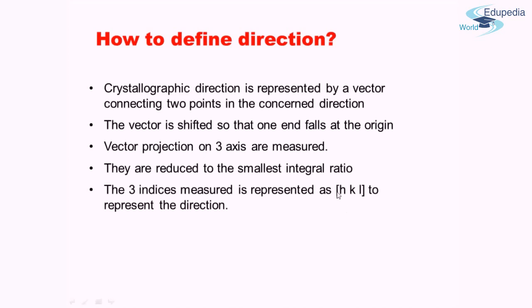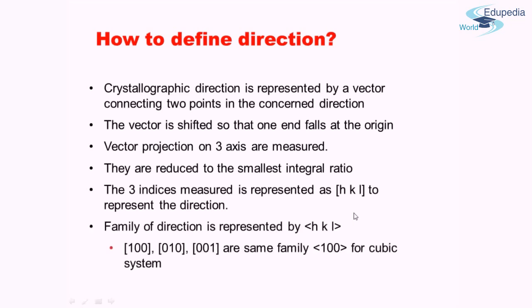You need to use the square bracket to represent a single direction. If we have a family of directions, I'll come to what a family of directions is, we can represent it by curved brackets with the h, k, l Miller indices mentioned inside.